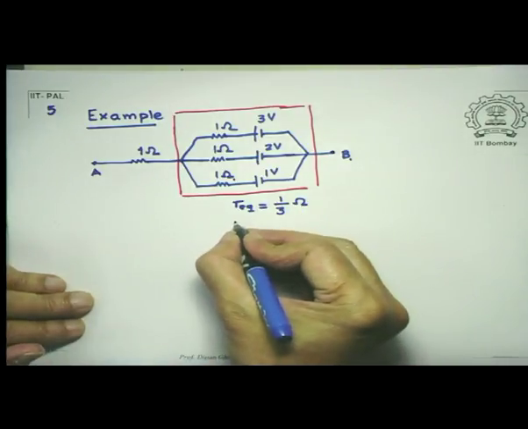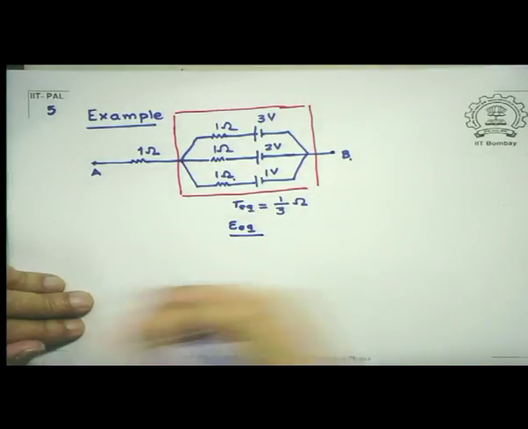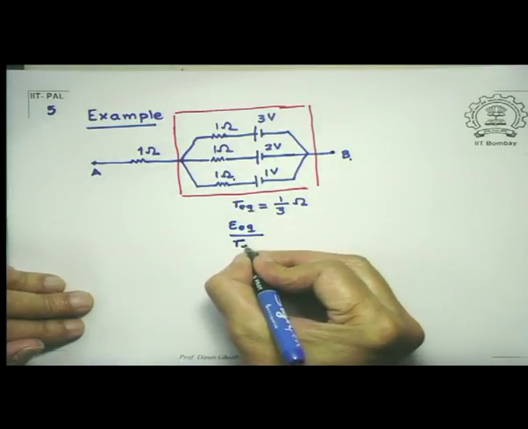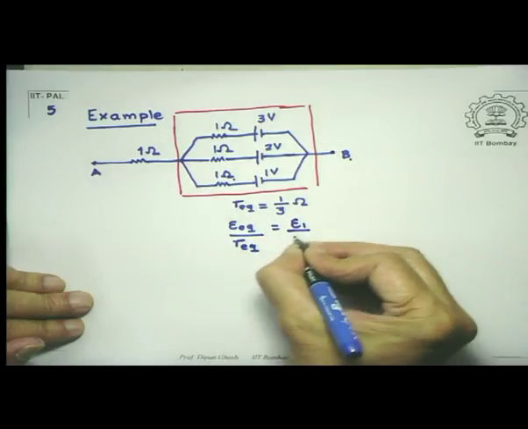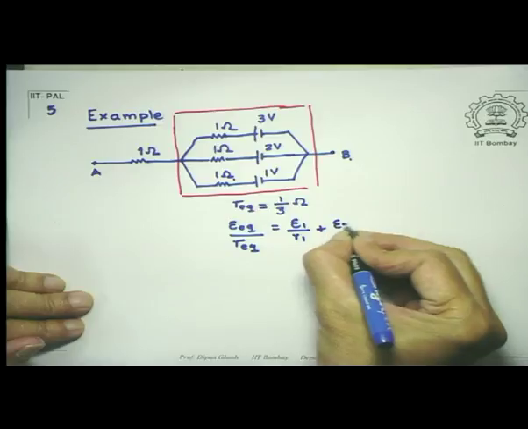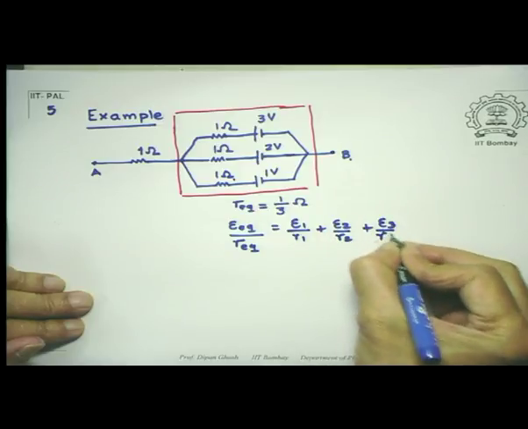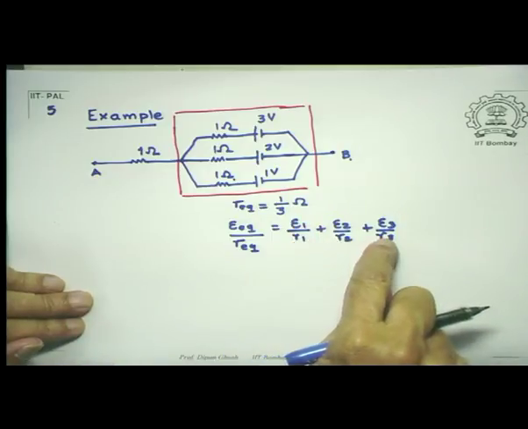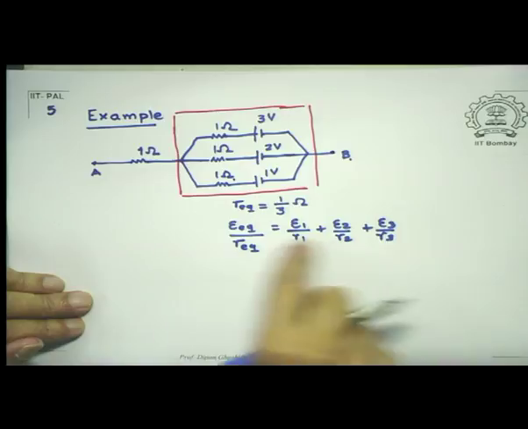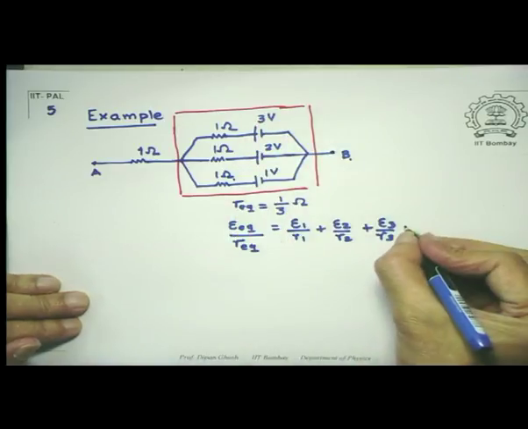And the equivalent voltage, EMF, is given by this formula, E_eq by R_eq equal to E1 by R1 plus E2 by R2 plus E3 by R3. Now E1, R1, R2 and R3 are the same and each equal to 1. So this is nothing but just the sum of the 3 voltages, which is 6 volts.